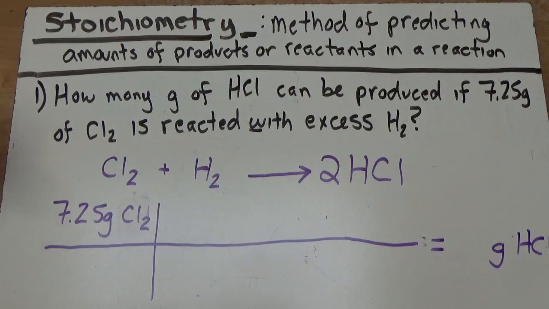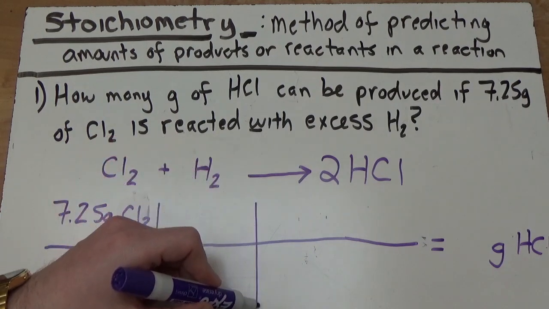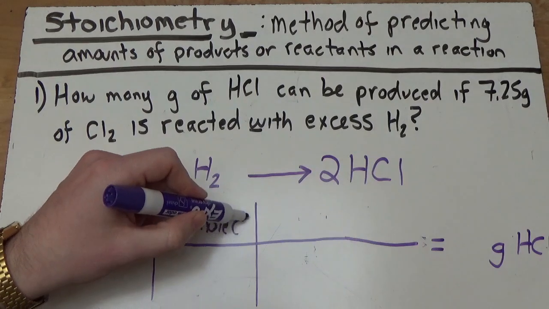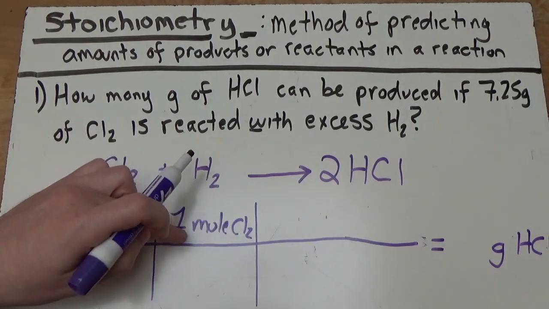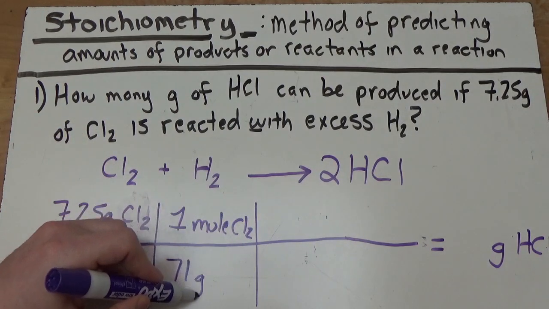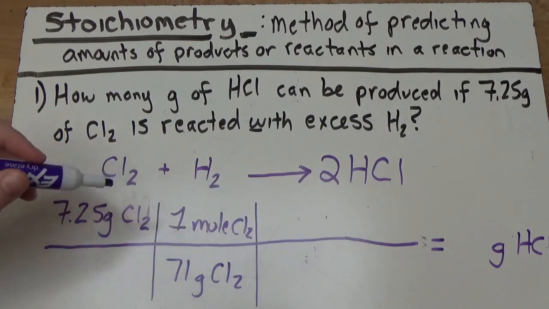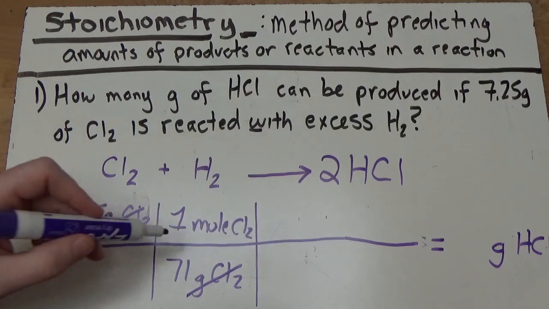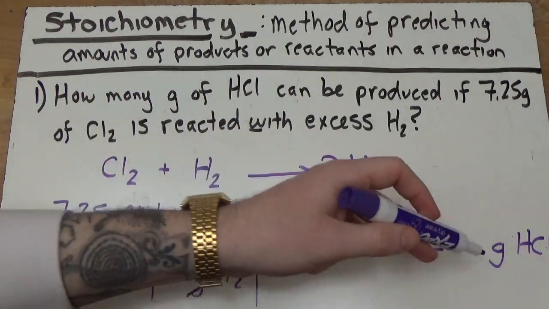So, the first thing we're going to have to do is cancel out grams of Cl2. How we're going to do that is with a conversion that introduces 1 mole of Cl2 weighs what I'm going to call 71 grams. Now, my grams have been canceled, and I have moles of Cl2, which is not my target unit.